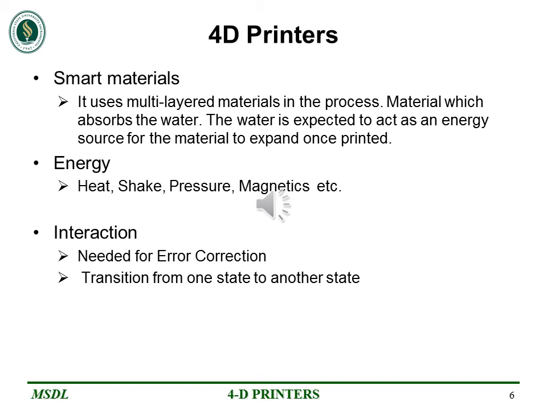The second thing is that it needs an energy source, which can be heat energy, shaking energy, pressure energy, magnetic energy, water energy, etc. With the interaction of these two things, we can do error correction and also transition of the object from one state to another. The basic idea is to get smart material and interact it in an appropriate manner with energy to get a particular 3D object created with the use of time scaling, and ultimately we get a 4D printed object.